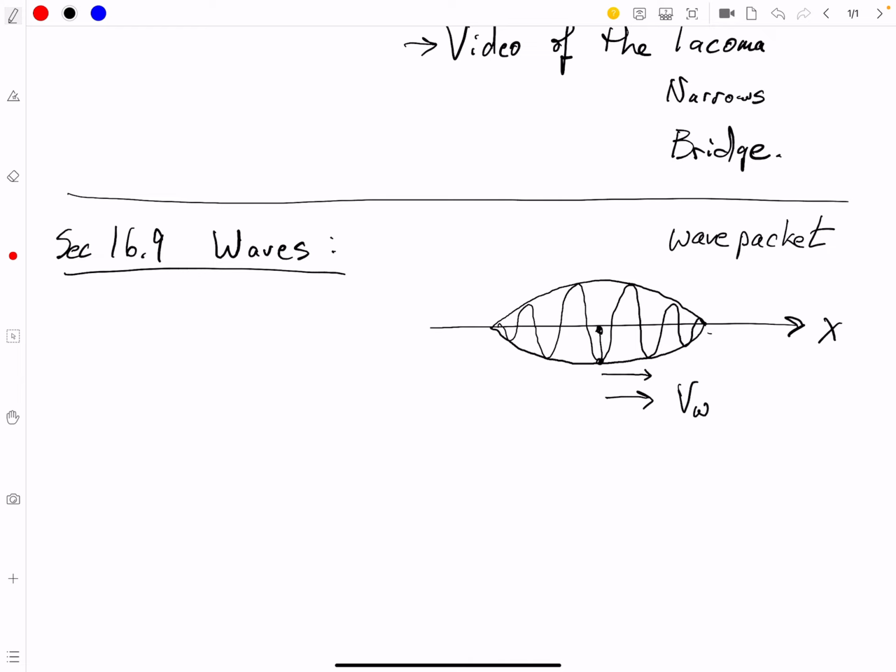So that's a wave packet. I consider these bodies or a disturbance, but the disturbance is also a body. So it's a wave packet, body, or disturbance.